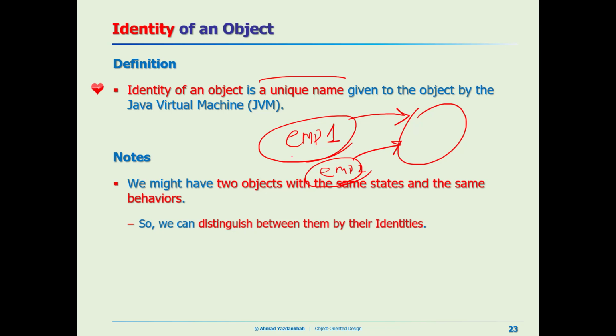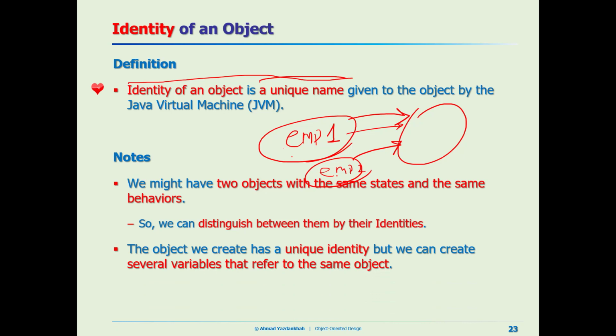As I was saying, you can give two different variable names to the same object, but this identity will be a unique name over the JVM. As long as that JVM is running, that unique name will remain unique.